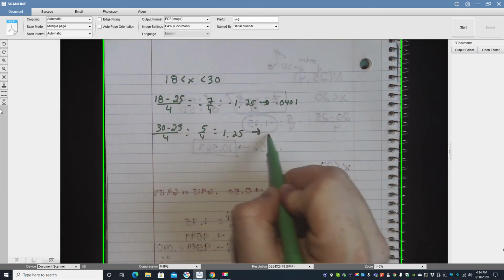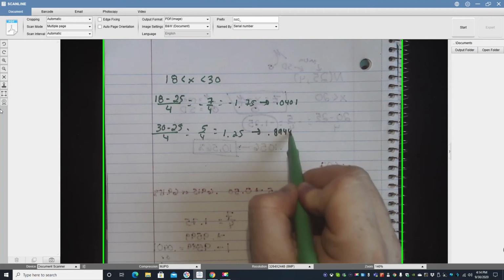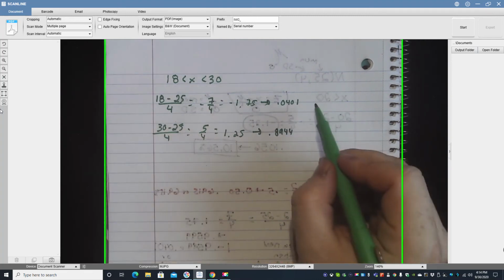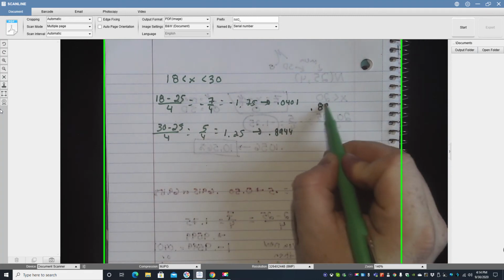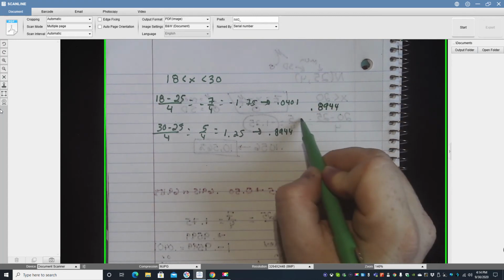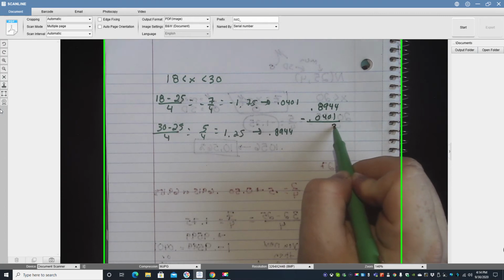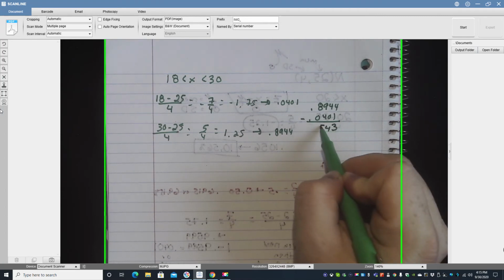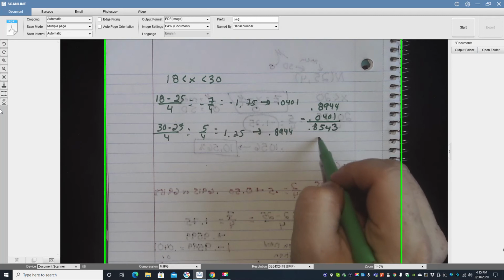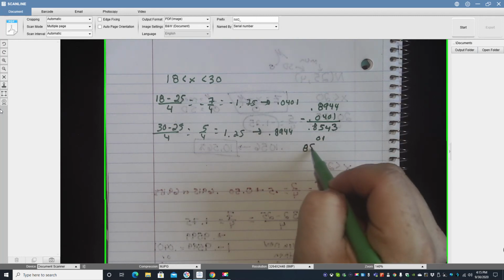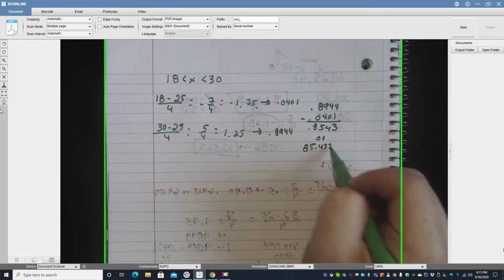So I didn't do that last time. And then what I want to do with these two percentages is just subtract them. And so my percentage becomes 85.43%.